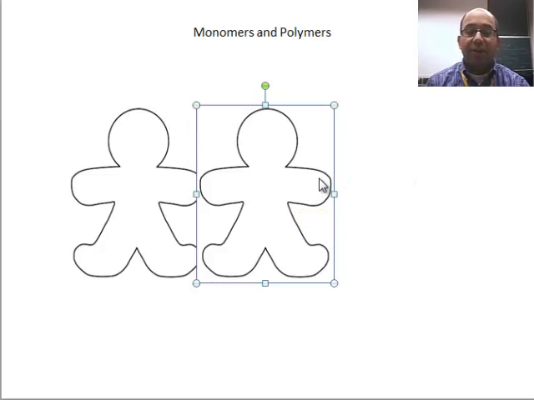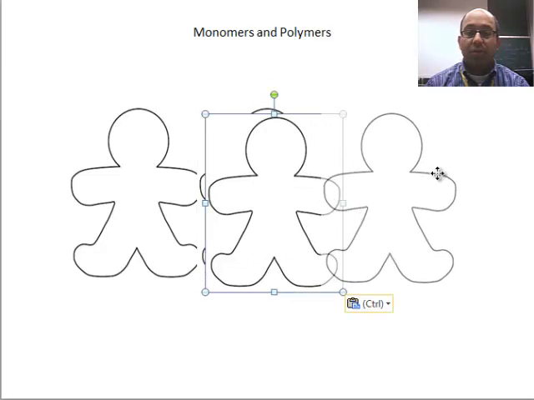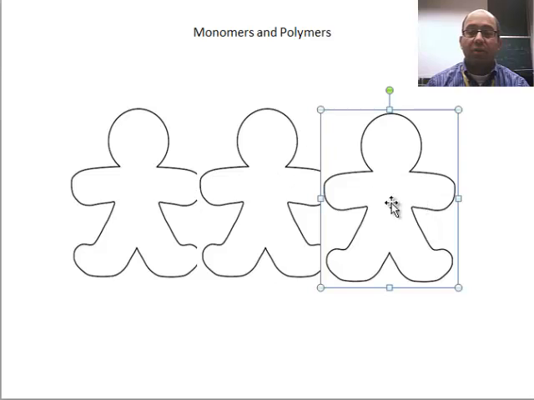And then you copy it again, and now we have a trimer. Now you get enough of them together and you can just call it a polymer, right? So this is the main idea you have to understand from this section 3.2, which starts on pages 49 and 50.